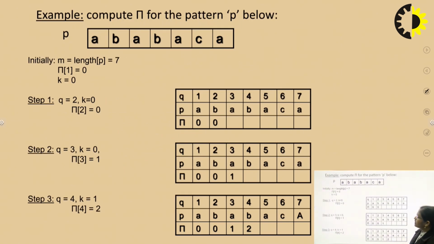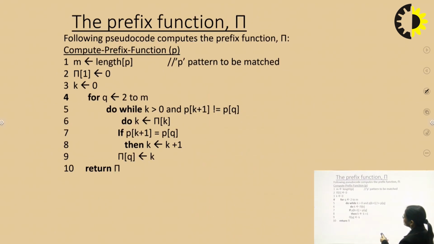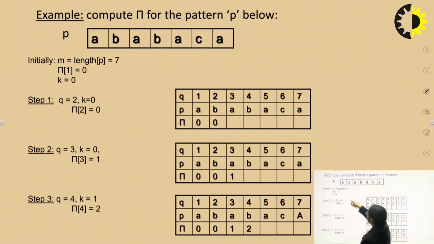Here this is the example. If we have to compute the prefix function for any pattern P, we have to follow these steps. Okay, so here you see this is the pattern A B A B A C A. In this algorithm initially we have to take m equal to length of P. So in this example the length of P is 1 2 3 4 5 6 7.